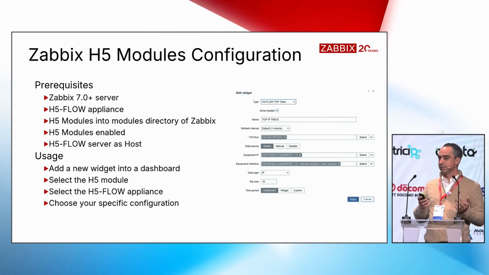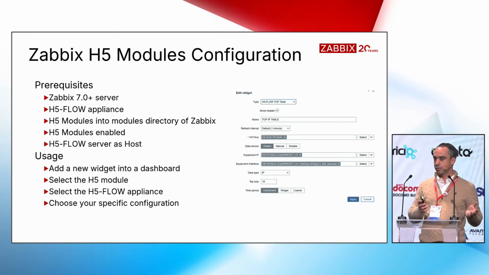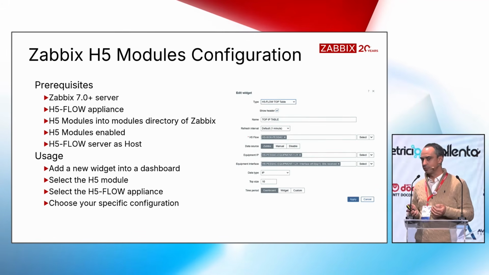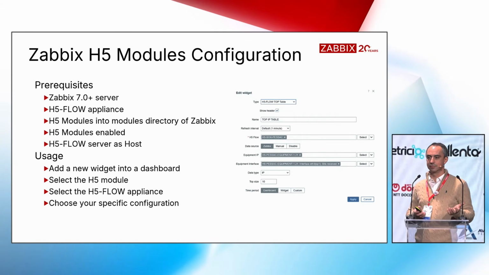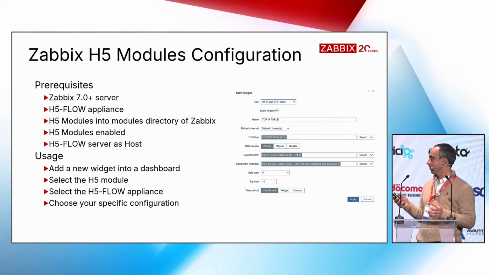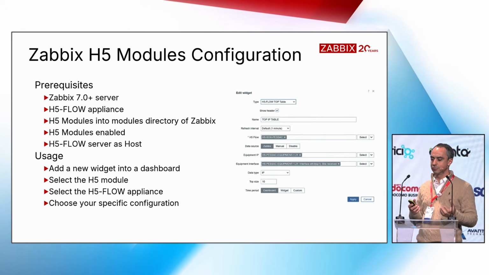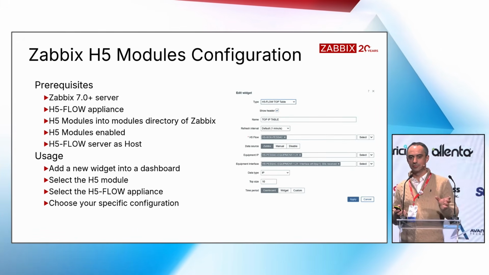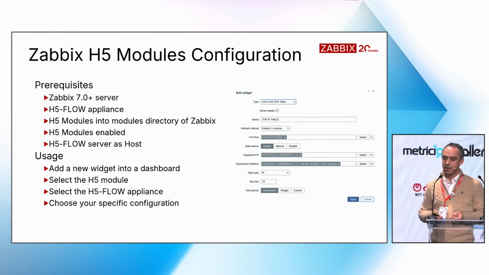To configure the modules, you have prerequisites. To use these modules, you need at least Zabbix 7. You need an H5Flow appliance. You need to install or copy the modules into the modules directory of Zabbix.